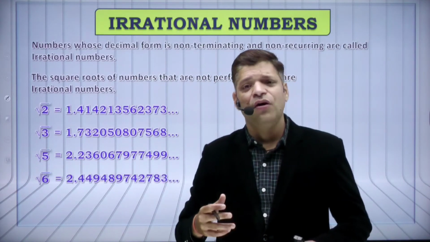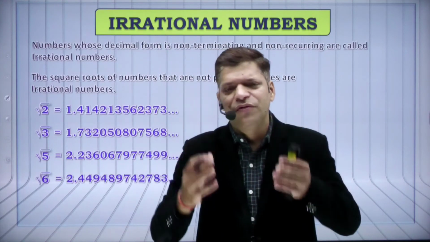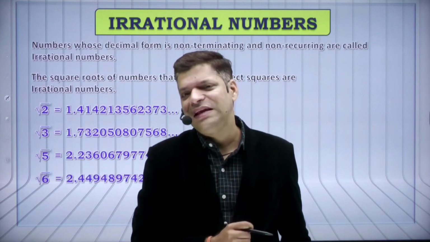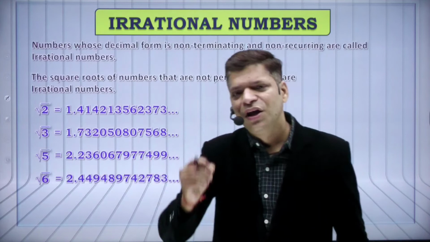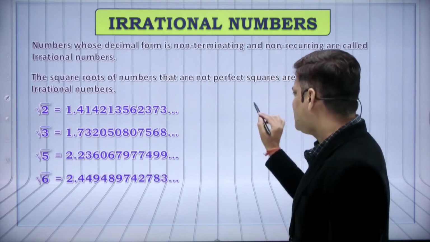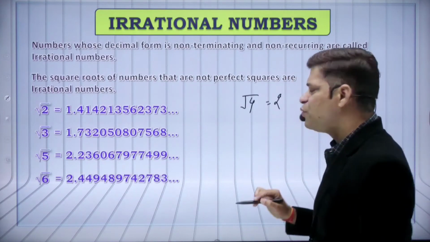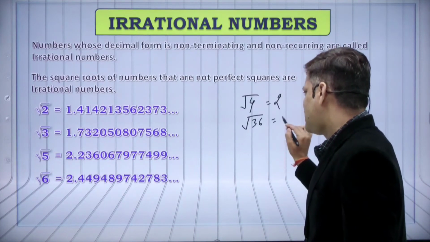Here we also find an interesting result. We are given some numbers and we find their square roots. Not a perfect square means, for example, if you find the square root of 4 then it will be 2, and if you find the square root of 36 then it will be 6.